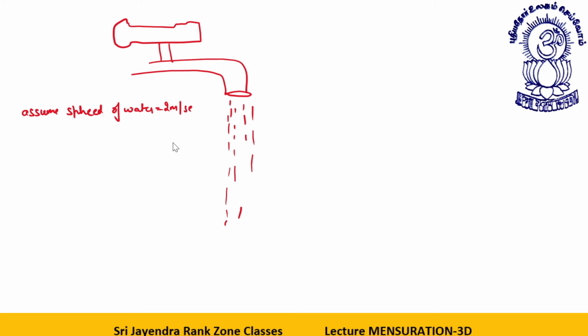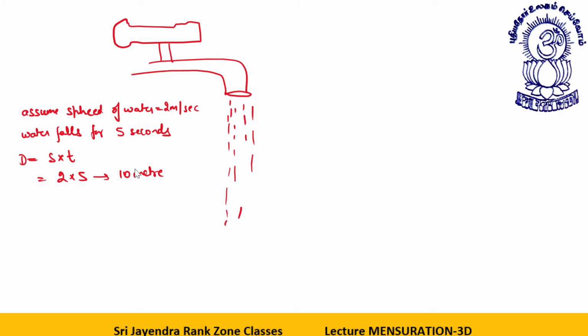Let's say 2 meter of water is falling from the tap each second. Then let's say water falls for 5 seconds. So how much water will come out? Distance is equal to speed into time. So speed is 2, time is 5, that is 10 meter.